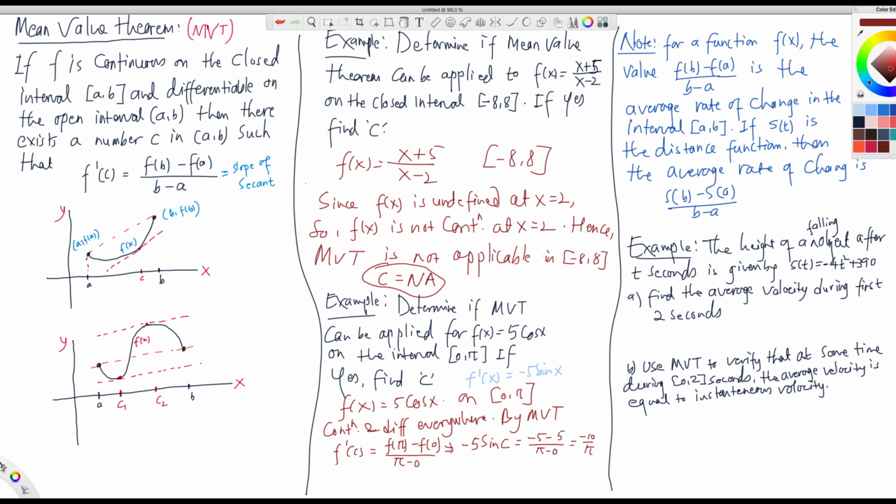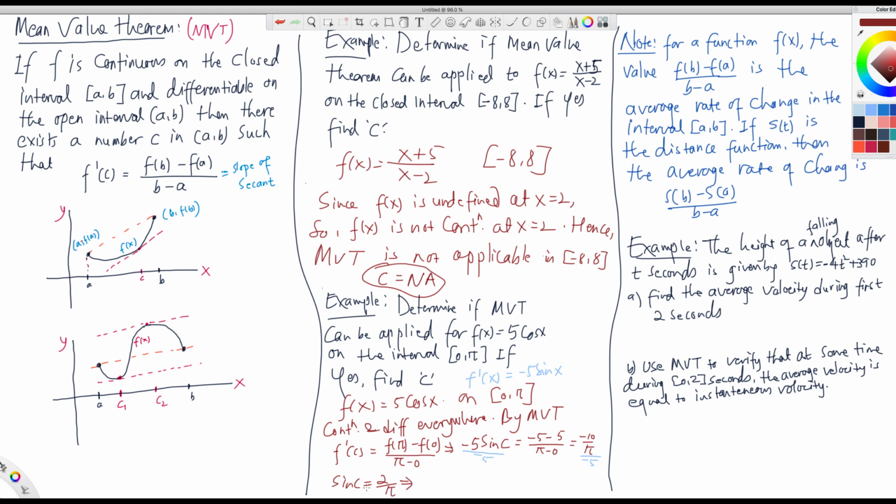So what I'm trying to do is divide by -5. Let's do that. Divide by -5. What do you get? You get sine C equals 2 over pi, right? So how do you solve for C?